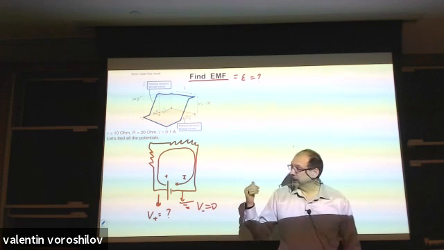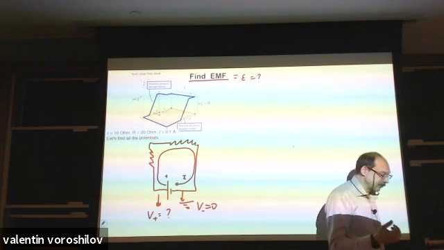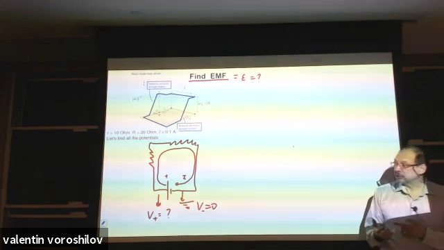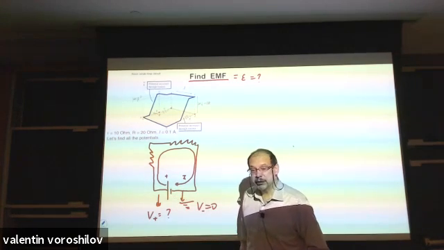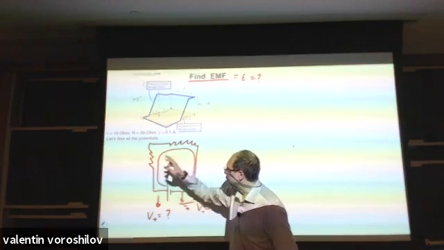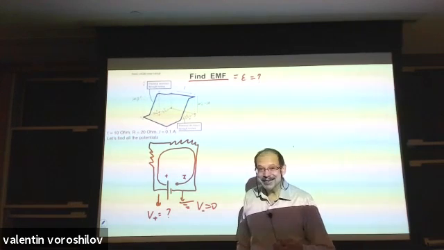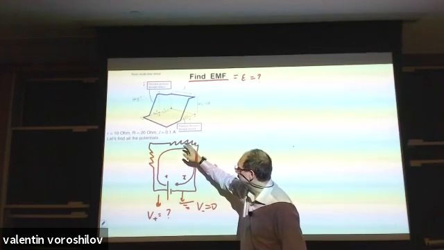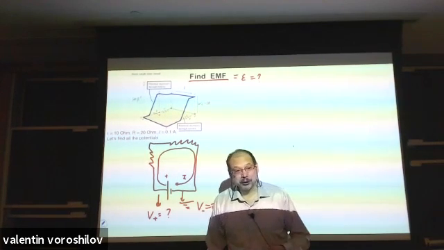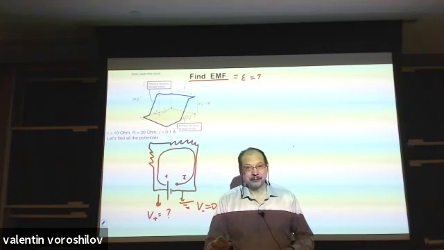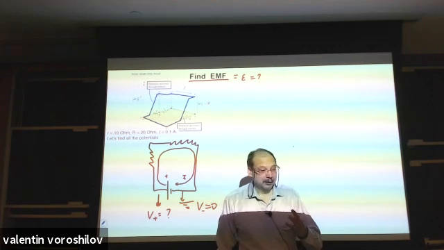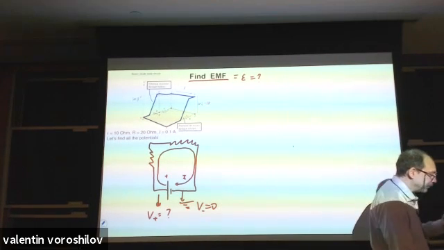And in this situation, we have several options. We can ask, what is the direction of electric current through the battery? What is the direction of electric current through the first resistor? What is the direction of electric current through the second resistor? And there's also the question, what is the direction of electric current in the circuit? These 4 questions have 4 different answers.